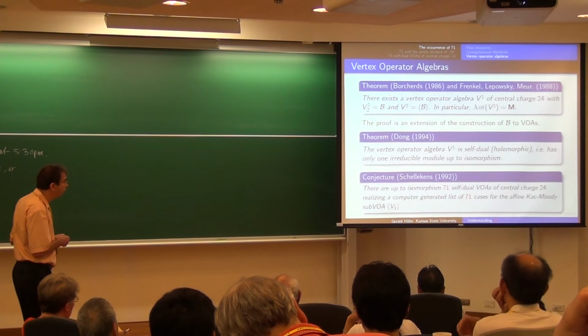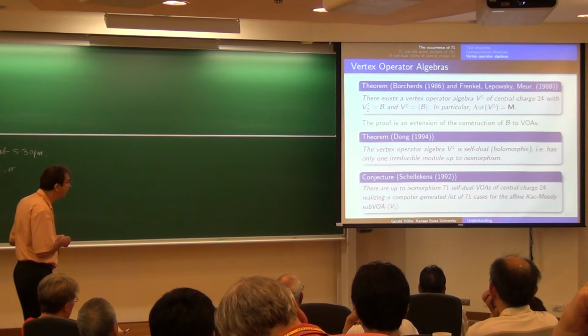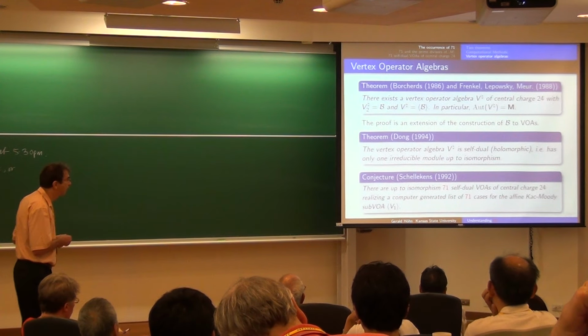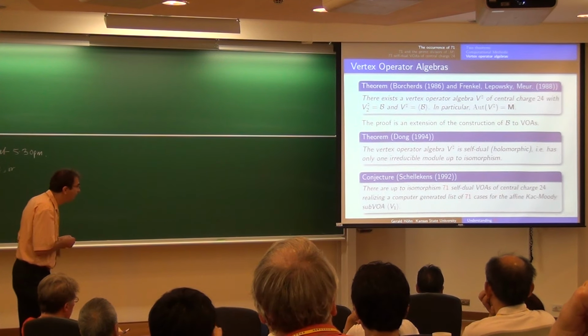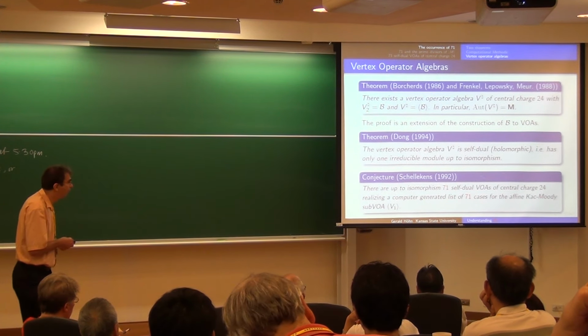Now, it was shown by Dong, Mason and others that this vertex operator algebra is self-dual or holomorphic, which means it has only one irreducible module up to isomorphism.